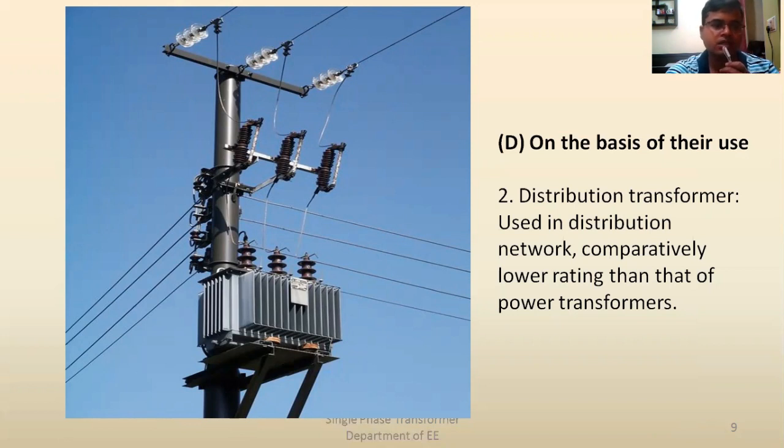Okay, this is also called service transformer. Okay, so its secondary voltage, that is the output voltage, the line voltage will be 415 volt, and phase voltage will be near about 230 volt, and primary voltage is normally 11 kV, or sometimes it is 33 kV also.